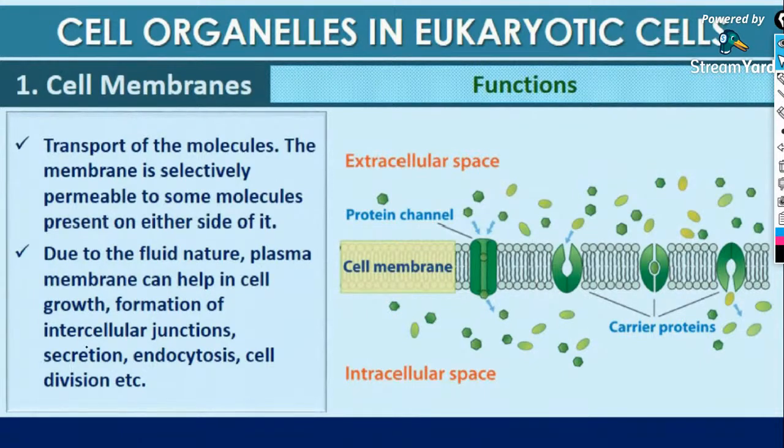Next is the functions of the cell membrane. Transport of molecules: the membrane is selectively permeable to some molecules present on either side of it. So the cell membrane helps in the transport of molecules, allowing only certain substances to enter the cell and only certain substances to leave the cell. Due to the fluid nature, the plasma membrane can help in cell growth, formation of intercellular junctions, secretion, endocytosis, and cell division.